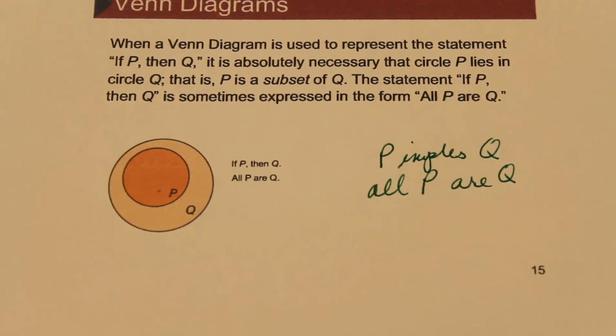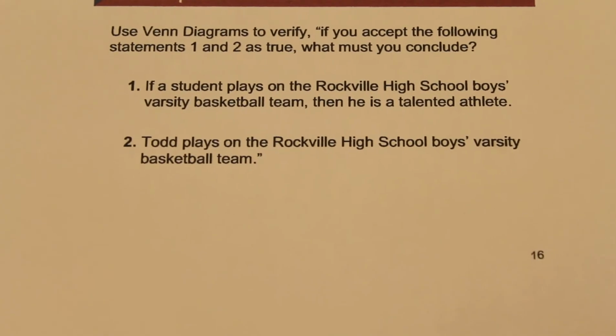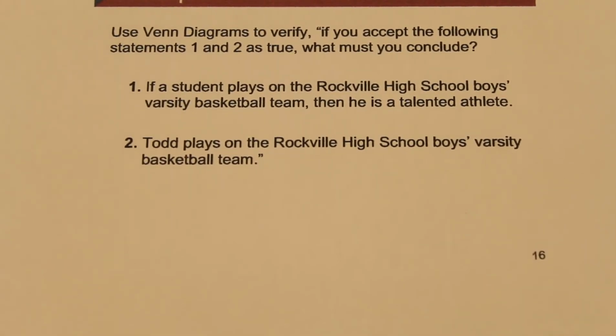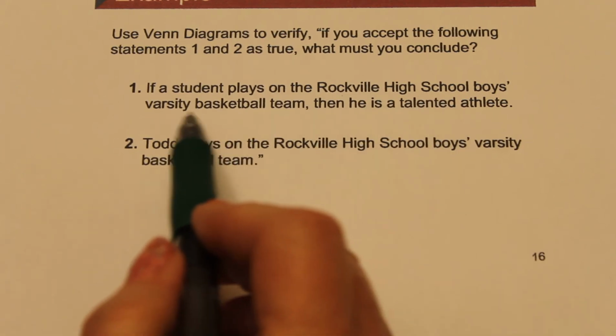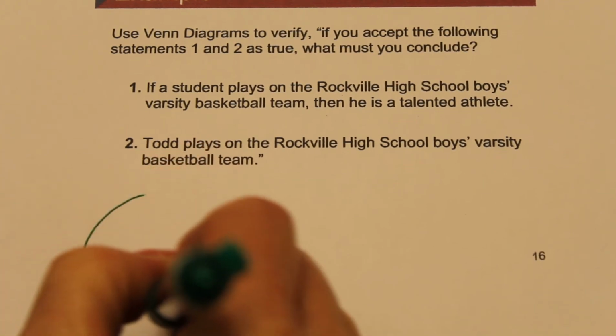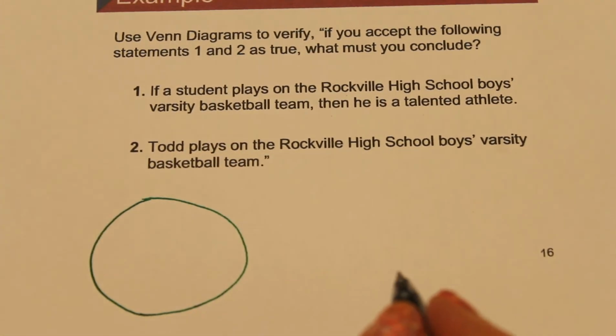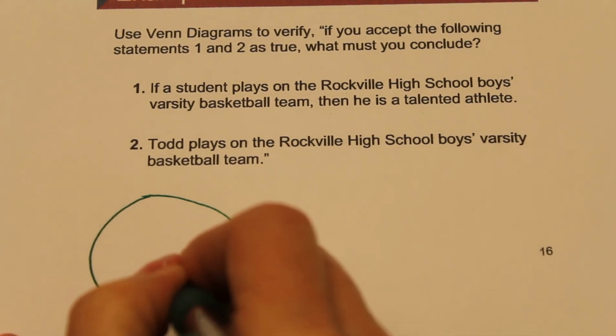So let's look at drawing our specific example, the one about Todd playing basketball here. Sets are going to be circles with uppercase letters representing them, and actual elements are represented with points. So, if a student plays on the Rockville High School boys varsity basketball team, then he is a talented athlete. So here's the set of all the students that are talented athletes.